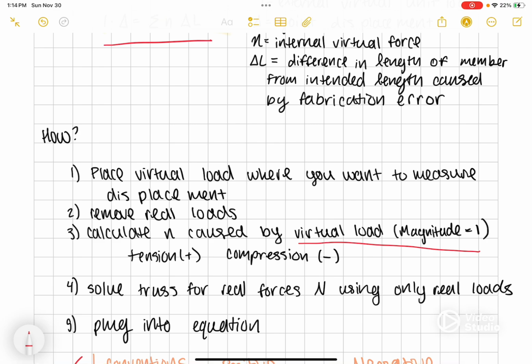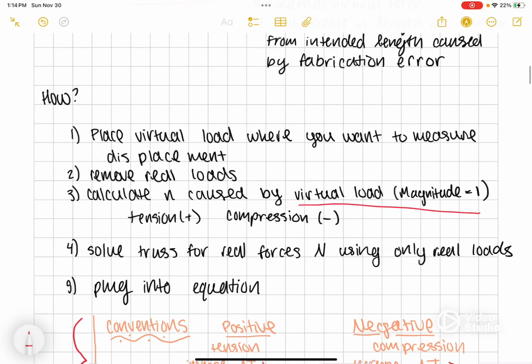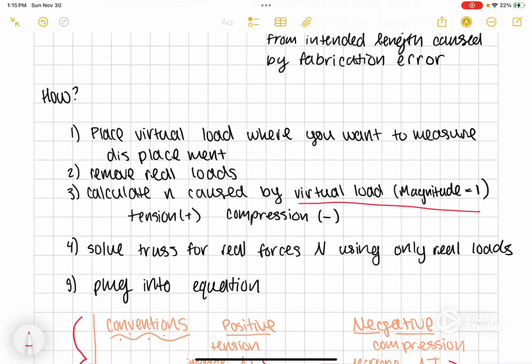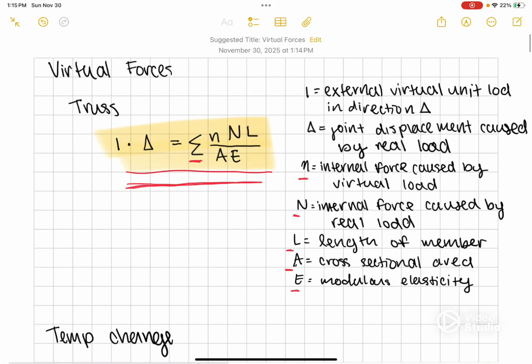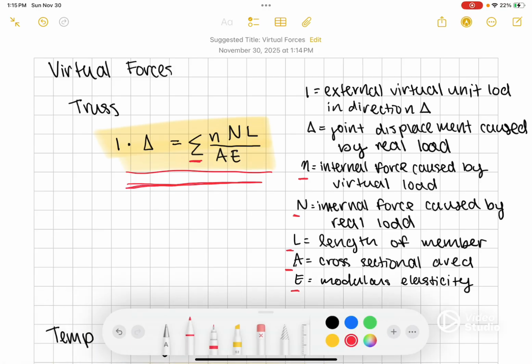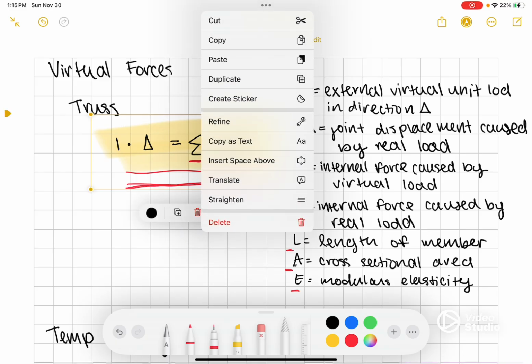And it allows us to scale our other loads. And then number 4 is we're going to solve just our regular truss problem using our actual loads. And number 5 is we just plug those values into our equation. So let's go up here. I'm going to copy this equation because it's the one that we want. And then I'll show you guys how to solve this example problem.